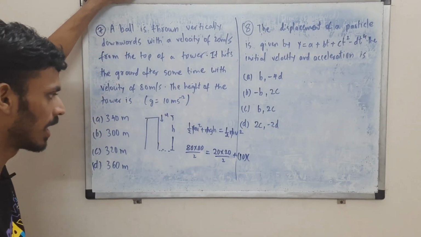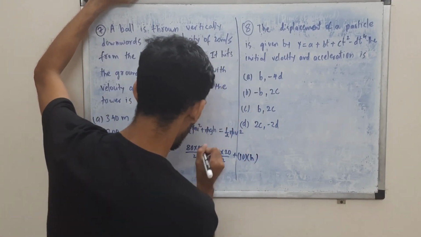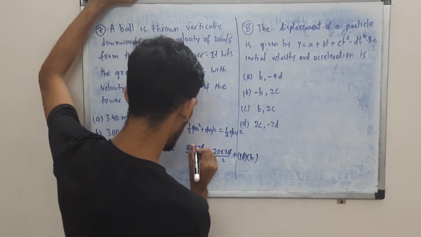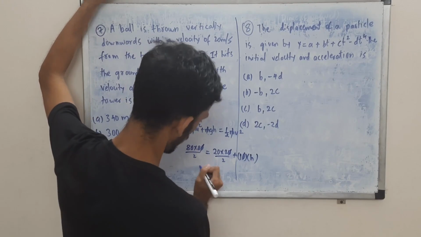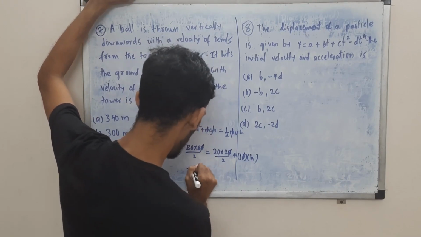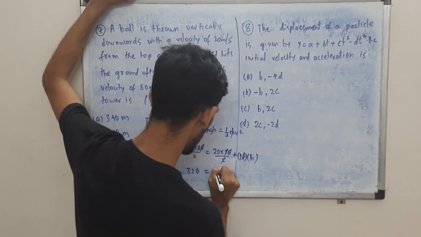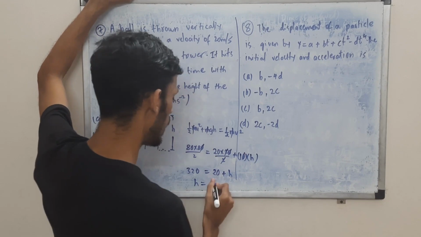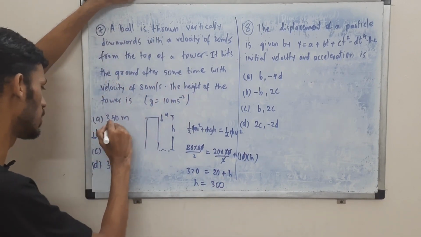Only when g is specified as 10, use it as 10. h we are supposed to find. Cancelling throughout, this gives us 640, half of which is 320, and the other half is 20. So h is 320 minus 20, which is 300, so 300 meters, which is option B.